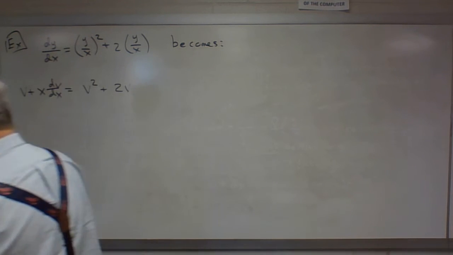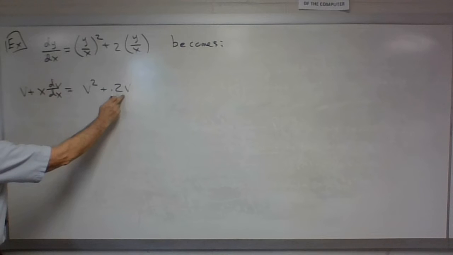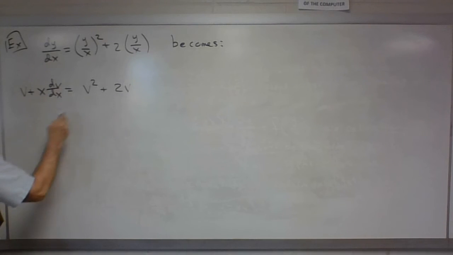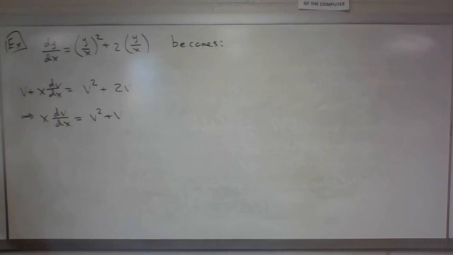Let's see. I'm going to move this v over to the right. I'm going to subtract v from both sides. So now I have v squared plus v on the right. And I'm going to divide both sides by v squared plus v.